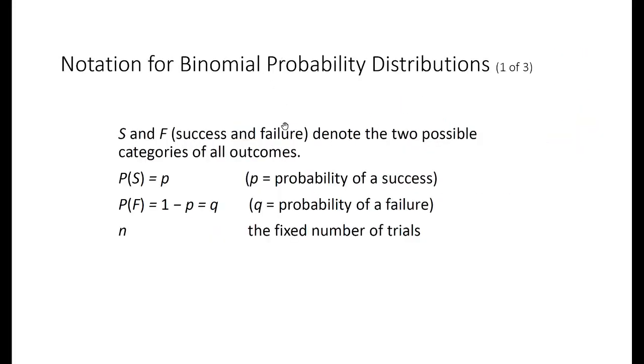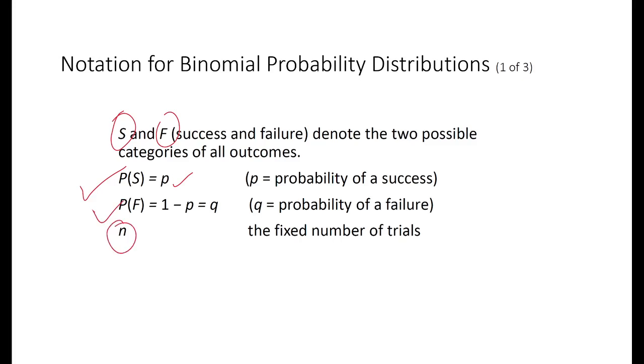Okay, so some notation. Let's say S stands for success and F stands for failure in our trial, two possible outcomes. Then this is how we write: probability of success is equal to small p, probability of failure, which is the complement of success, is 1 minus p, and n stands for number of trials.